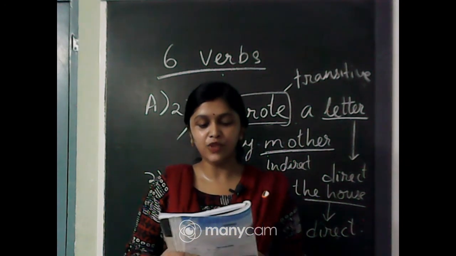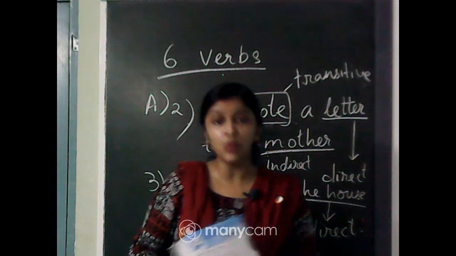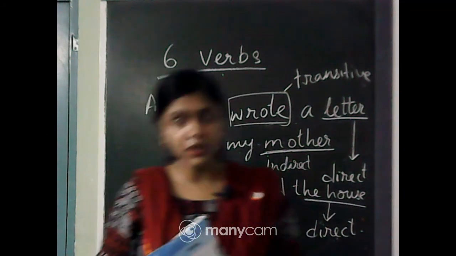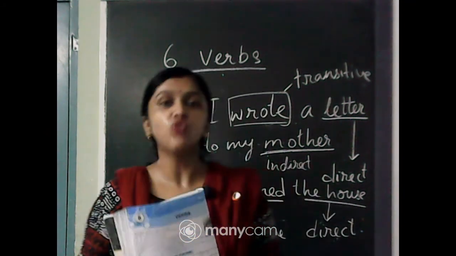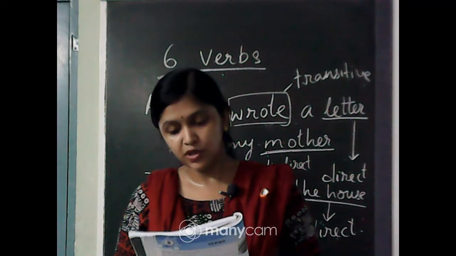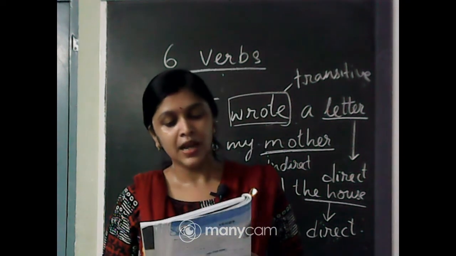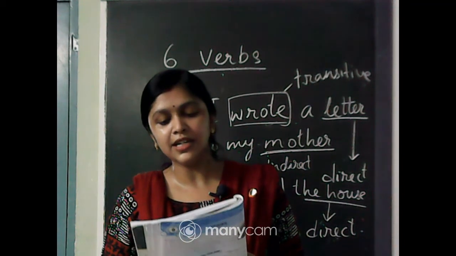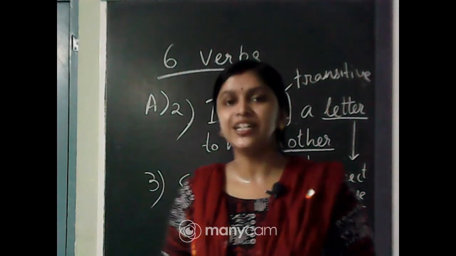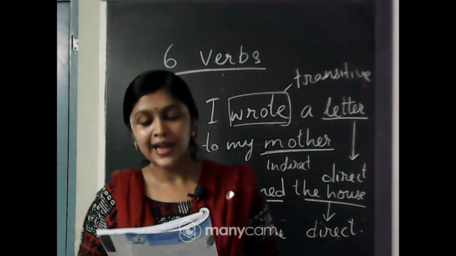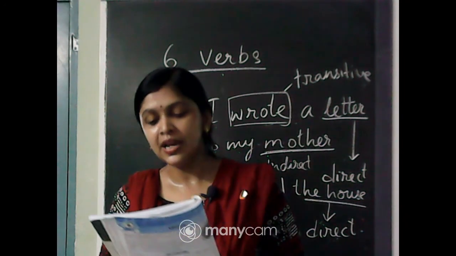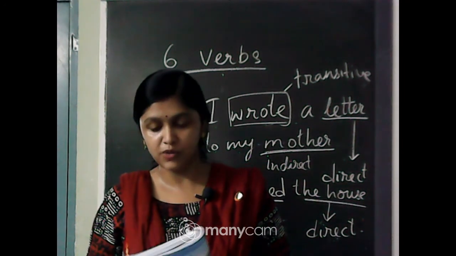Number 6, Rabindranath Tagore wrote many stories. Okay, underline wrote, write transitive, and stories is the direct object. Number 7, the secretary dictated the letter to his assistant. So dictated, transitive, letter, direct object, assistant, indirect object.